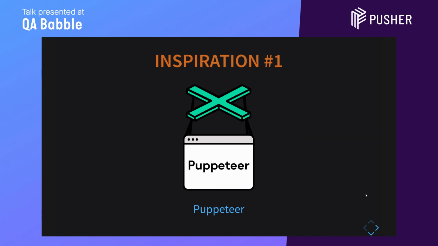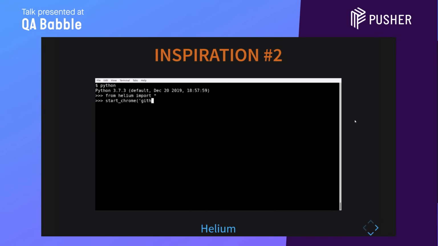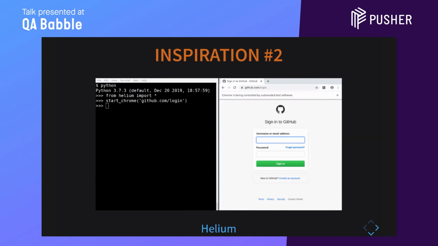So what was Taiko actually inspired by? Taiko was inspired by Puppeteer, which we all know. Again, it's an open source tool, and it was also inspired by a Python library called Helium. Now, this is quite interesting. You can see that you are just typing something in REPL mode, and it opens Chrome.